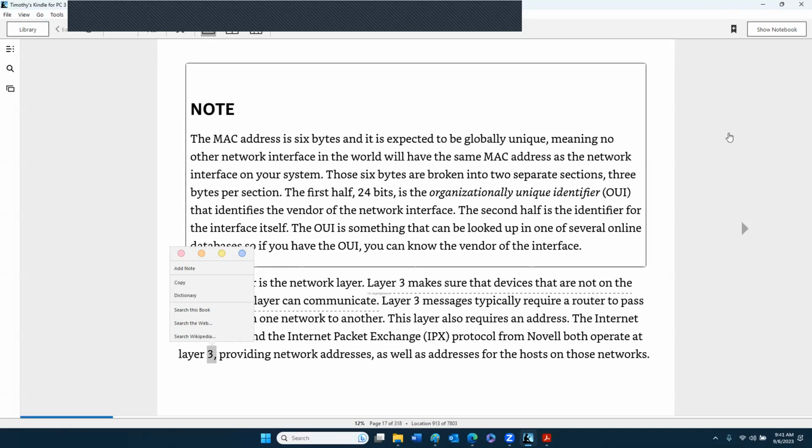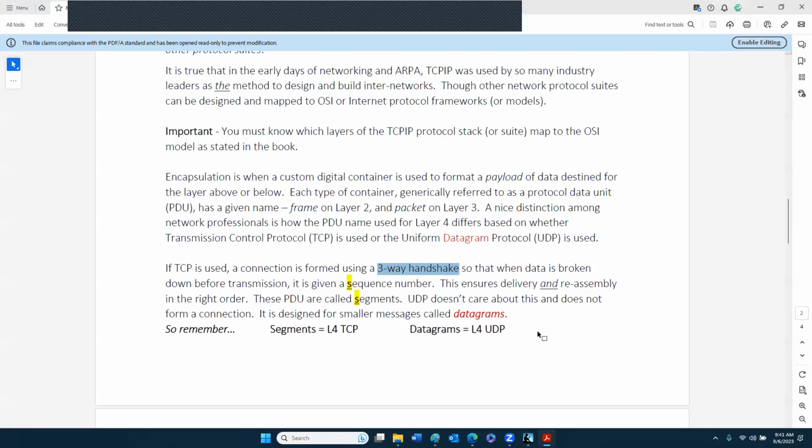The important thing to understand here is that each layer operates independently of the other layers. So it's kind of like that mail carrier system, and I mentioned this in the study guide. When the mail is delivered, there's a big mail distribution center, and all they care about is getting it to the right zip code. And their job is done.